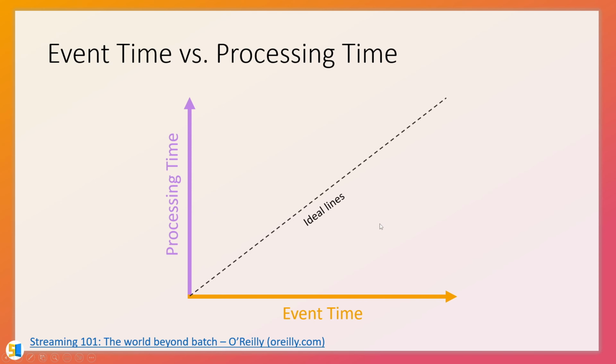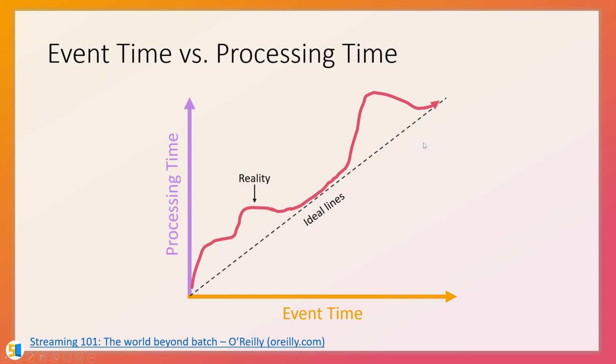In an ideal world, event time and processing time would always be equal, with events being processed immediately as they occur. But in reality, the system lags a bit in the beginning, veers close towards the ideal line over here in the middle, and then lags again at the end.